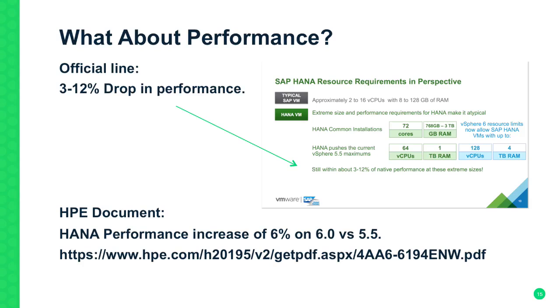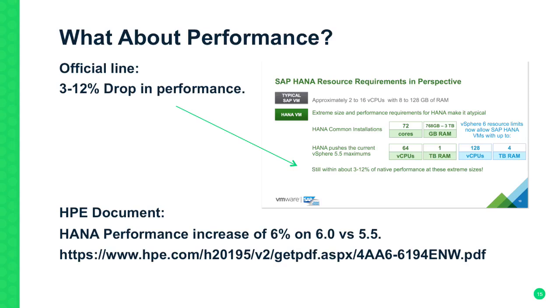The official line says that there is a 3 to 12% drop in performance when you virtualize HANA on VMware, because you know HANA is a huge workload that needs a lot of resources.